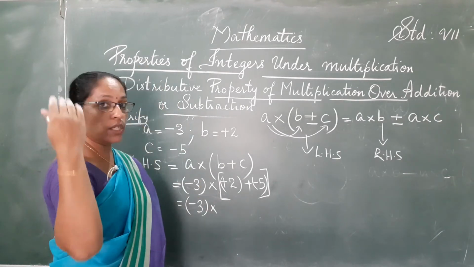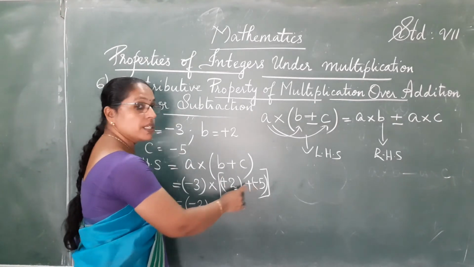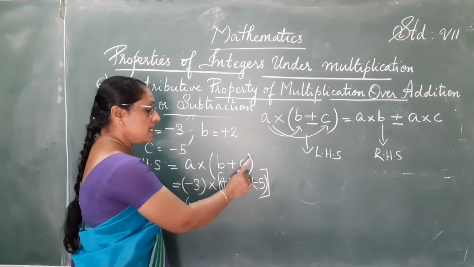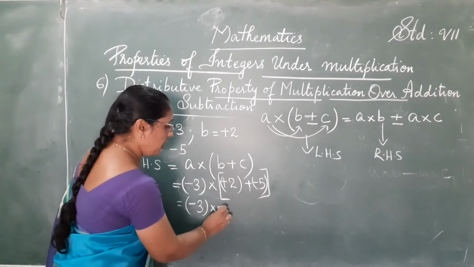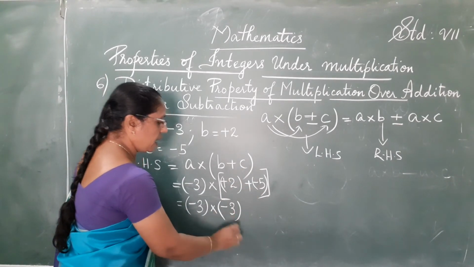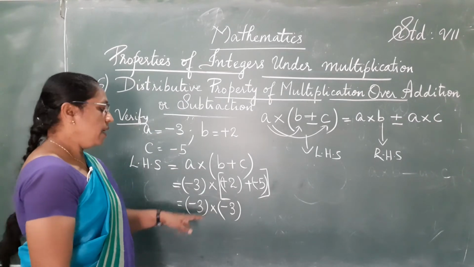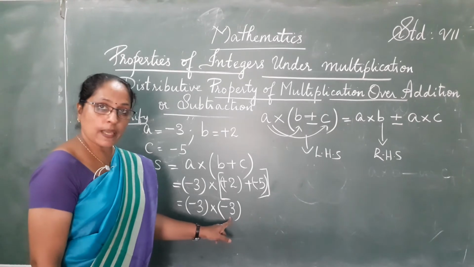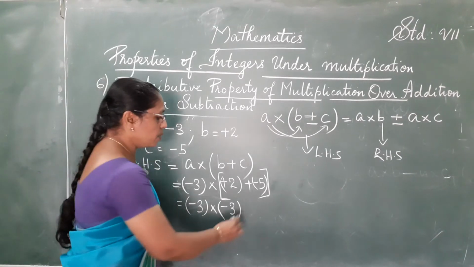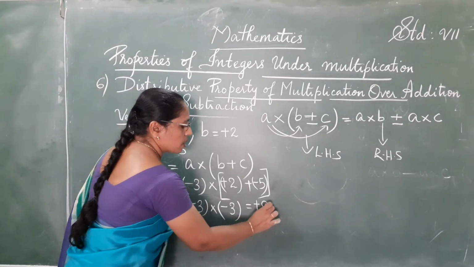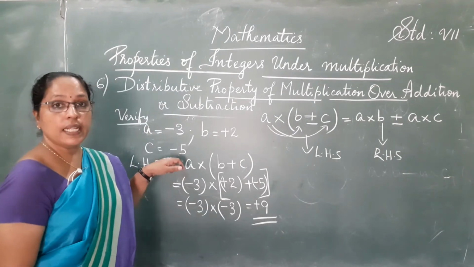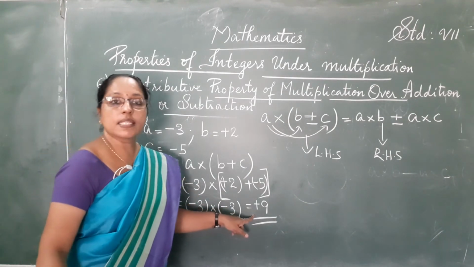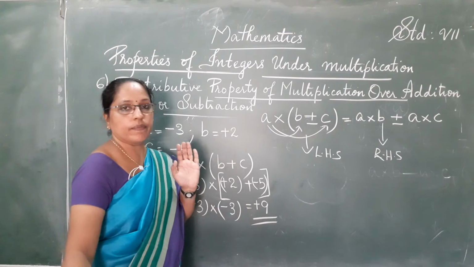Go back to the addition of integers you learned. When two integers have different signs, subtract and put the sign of the bigger number. So it will give negative 3. Then addition is done. Now the multiplication rule: when two integers have the same sign, multiply. 3 into 3 is 9, and put the positive sign. So the left hand side is solved and we got the answer positive 9.